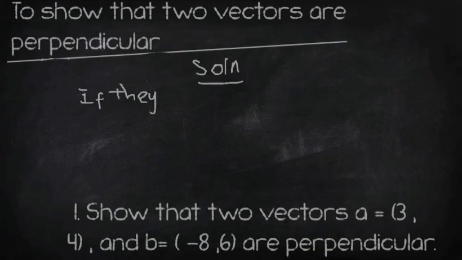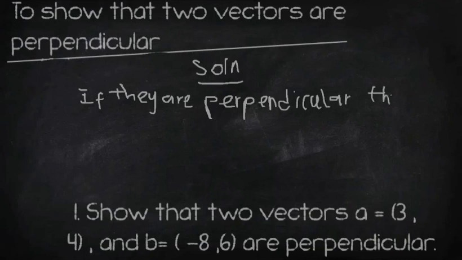So that's what I'm writing here right now. If they are perpendicular, then A dot B should be equal to 0.